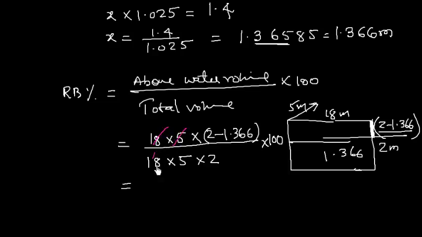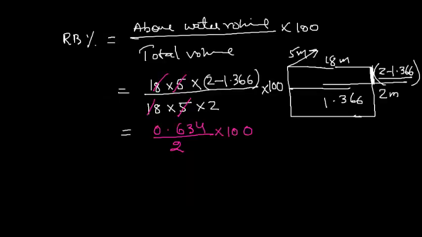We can cancel this figure and this figure, and here we get 2 minus 1.366, which gives me 0.634 divided by 2 multiplied by 100, or simply I will get 31.7%. That is the reserve buoyancy of this box shaped vessel.